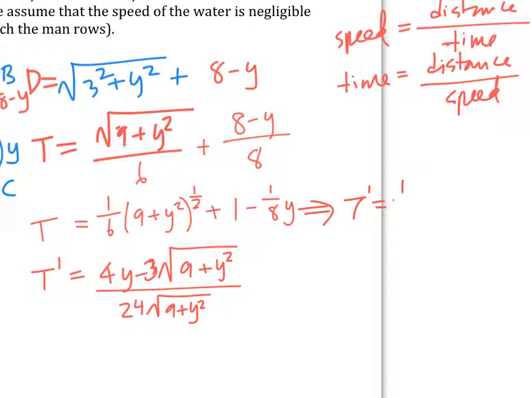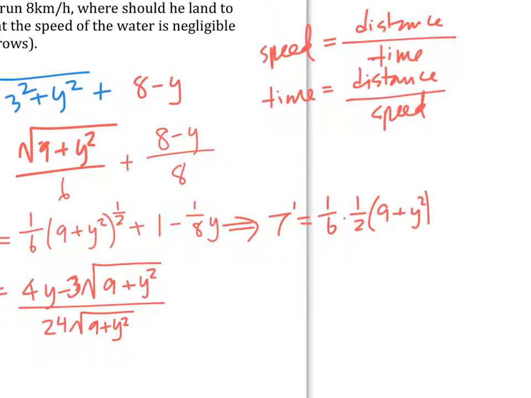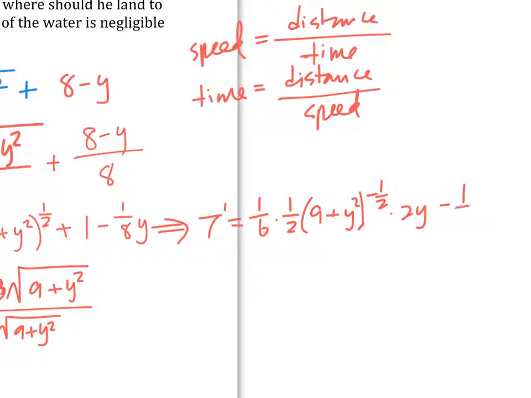Okay, 1/6 times 1/2 times 9 plus y squared to the negative 1/2 times 2y, minus 1/8. So that cancels. That is y over 6 times 9 plus y squared to the 1/2, minus 1/8.